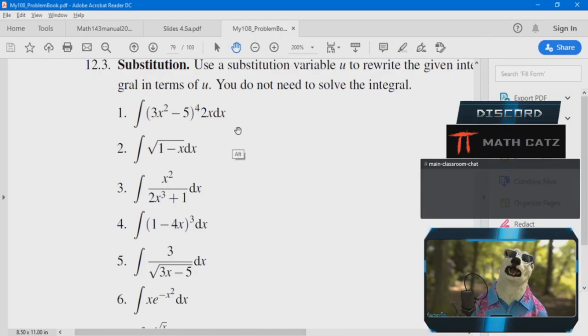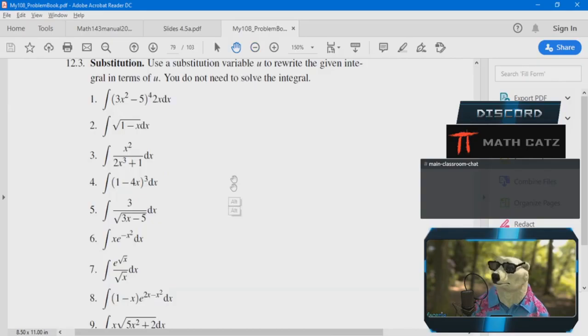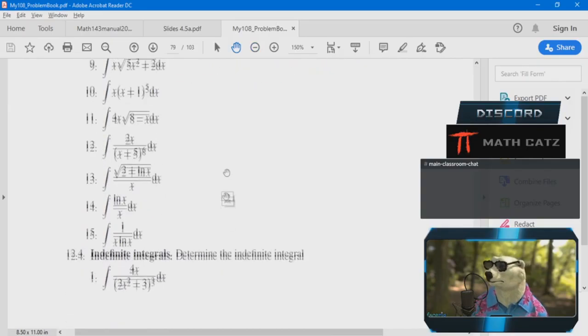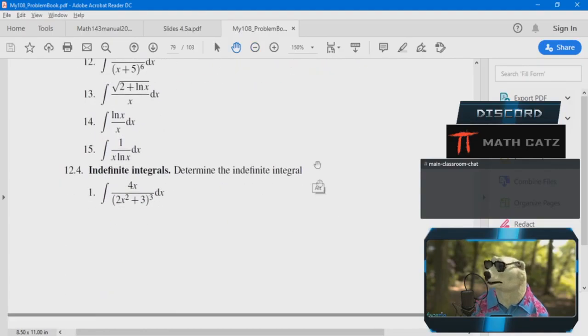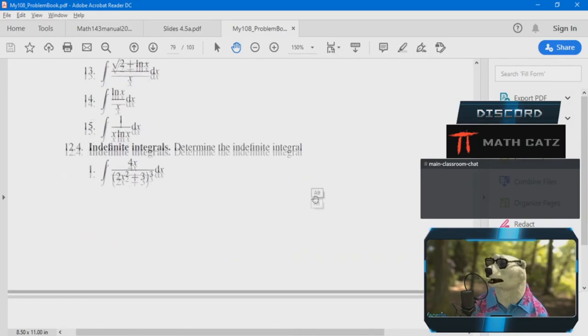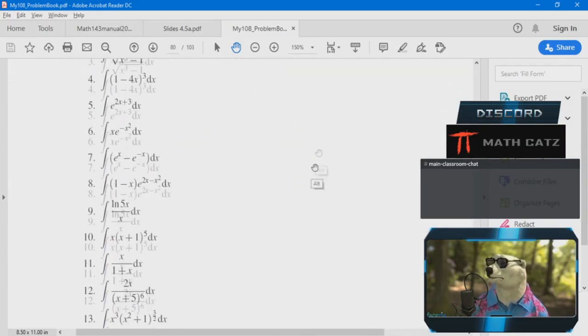In 12.3, use a substitution variable u to rewrite the given integral in terms of u. Now, let me just see what kind of problems we have. This one doesn't ask us to solve it, though that is ultimately our goal. And then we just have more of them.